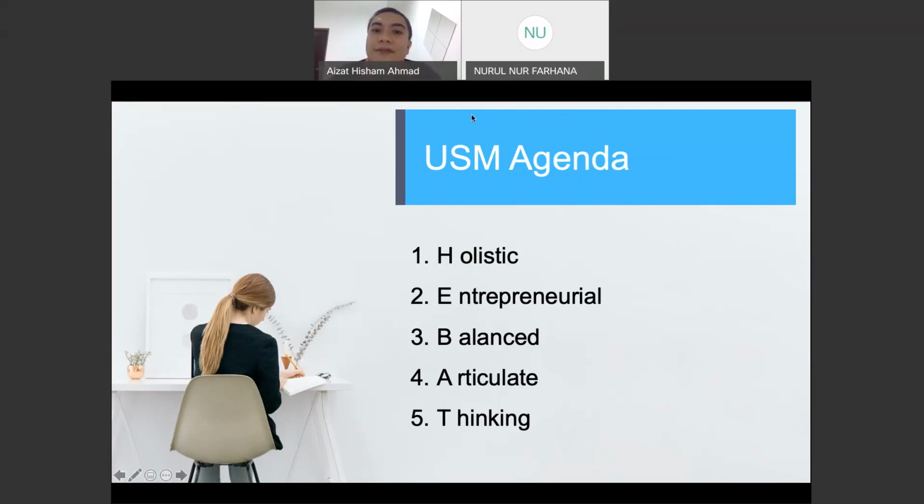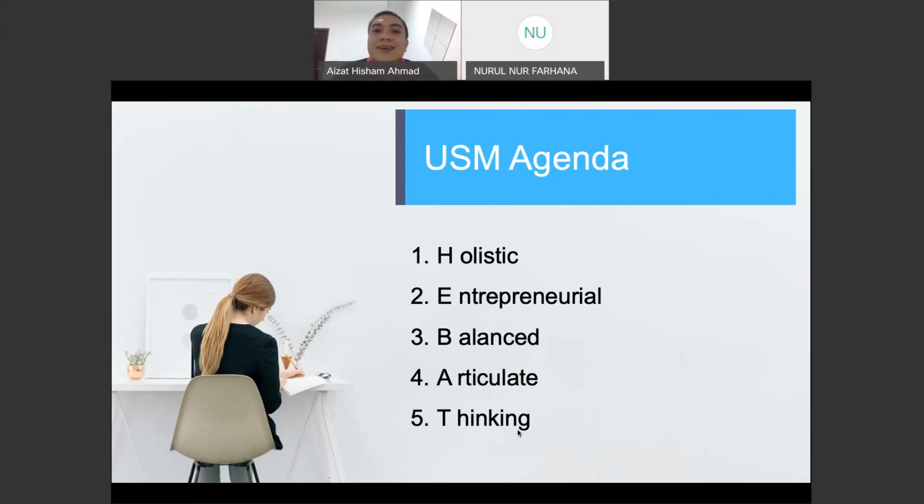In each and every one of the qualities, or some people might call them characteristics, of the USM agenda for students, all 5 qualities or values need to be instilled. And how can that be possible is through design thinking, actually. Even thinking, the number 5, is obtainable or achievable through design thinking.